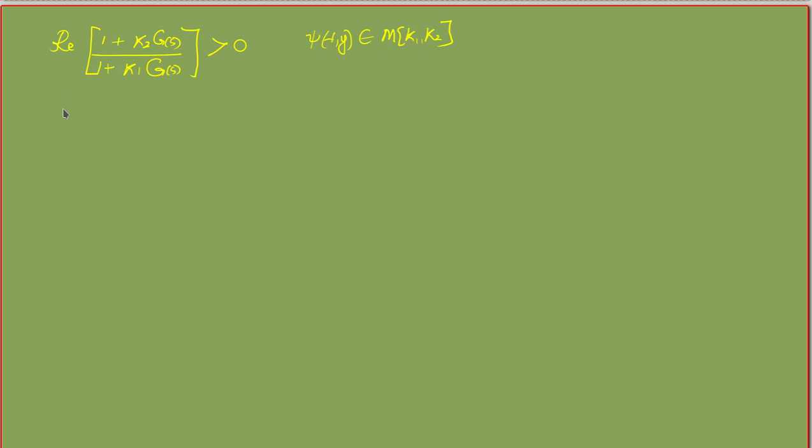This is in fact the real part of 1 by K2 plus G(j omega), divided by 1 by K1 plus G(j omega), since K1 and K2 here are positive, and we have to write it in terms of G(j omega).